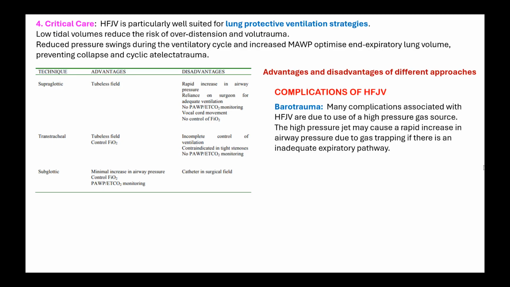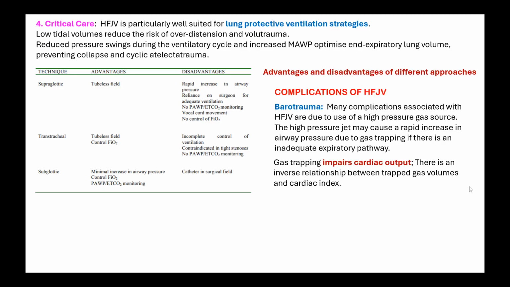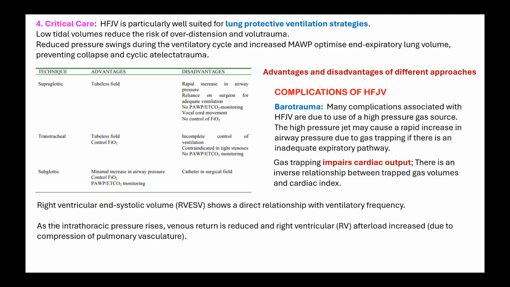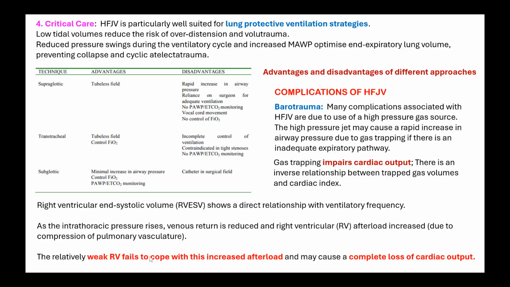And complications: mainly barotrauma, and it can impair cardiac output, and right ventricular end systolic volume shows a direct relationship with ventilatory frequency. As the intrathoracic pressure rises, what will happen? Venous return will get reduced. Right ventricular afterload also will increase due to compression of the pulmonary vasculature. So that will cause a strain on the right ventricle, and it will fail to cope with this increased afterload.